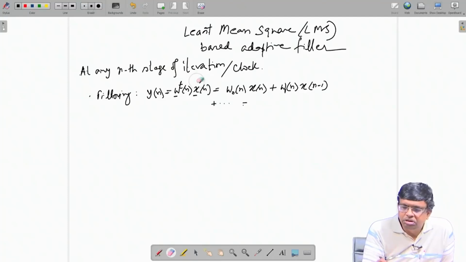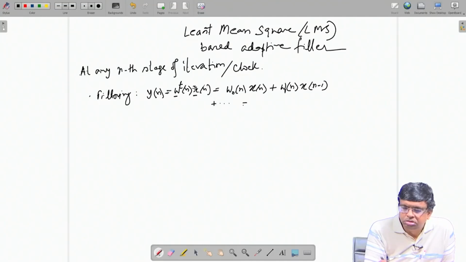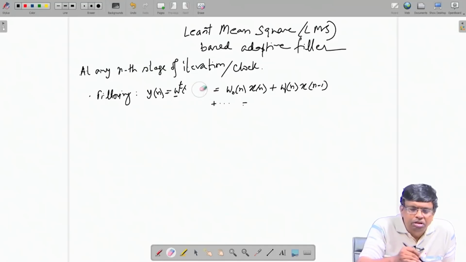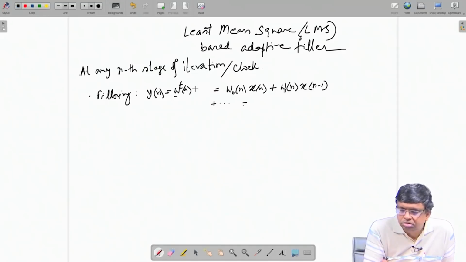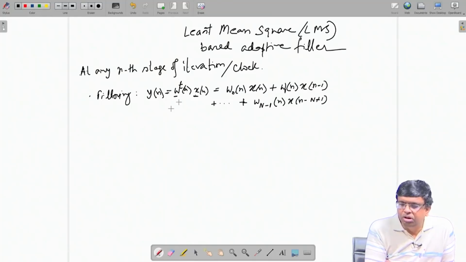The last coefficient is this, all are functions of n because they are adaptive, they are changing from clock to clock, and the data sample here is this. This is the meaning of this filter output W transpose xn.